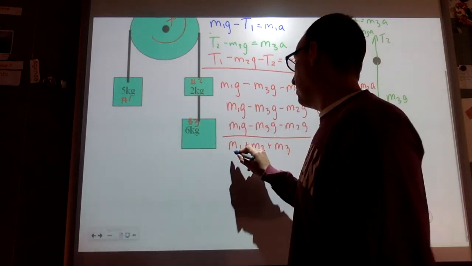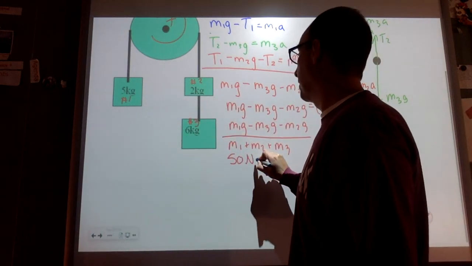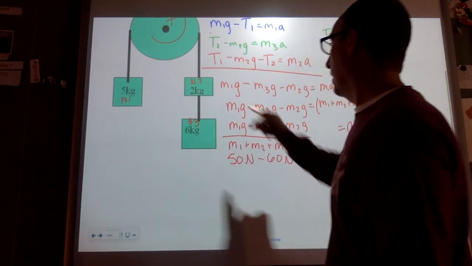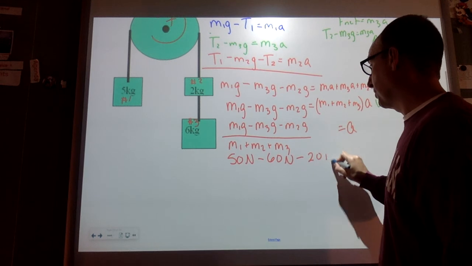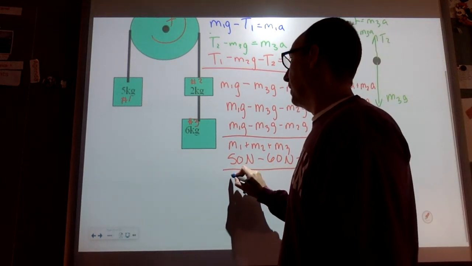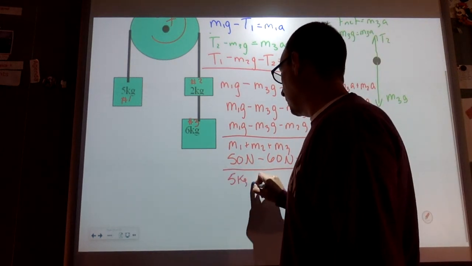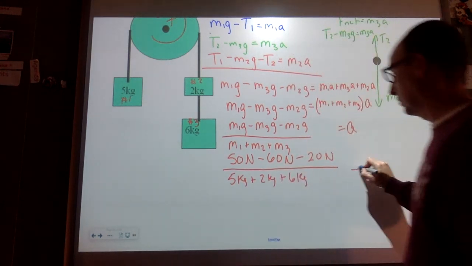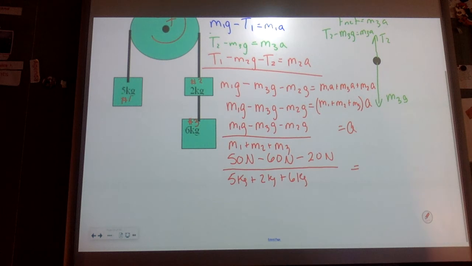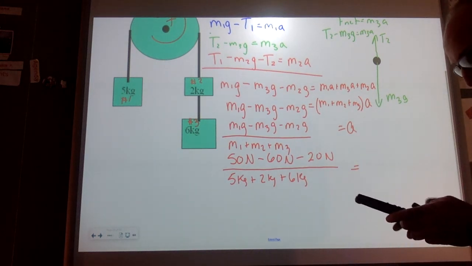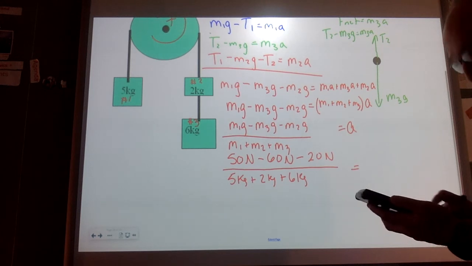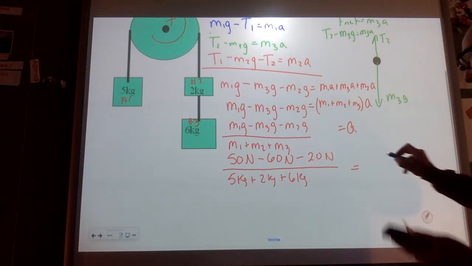So this is going to be 5 times 10 would be 50 newtons minus 60 newtons minus 20 newtons divided by 5 plus 2 plus 6. So I'm going to have negative 30 divided by 13.